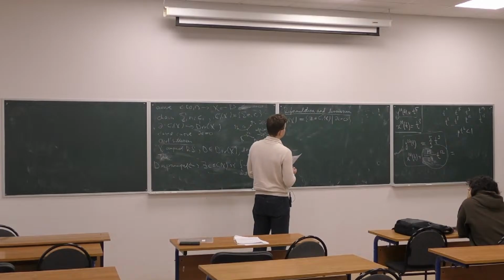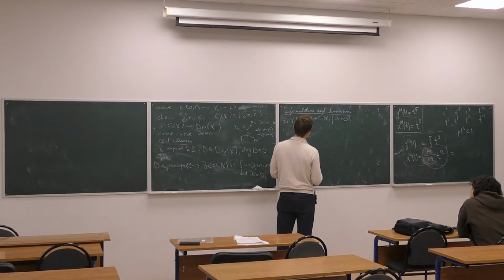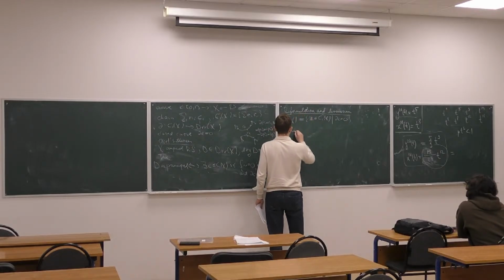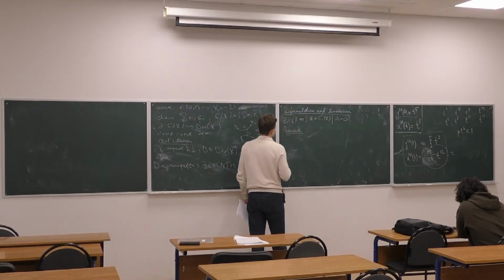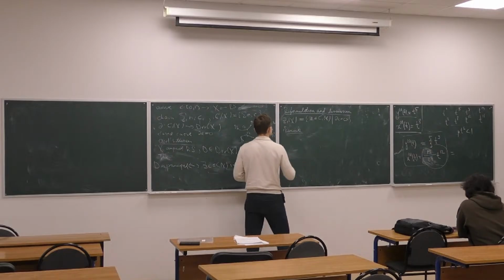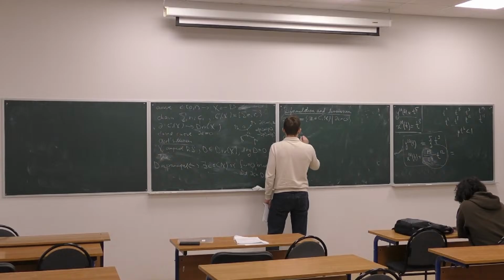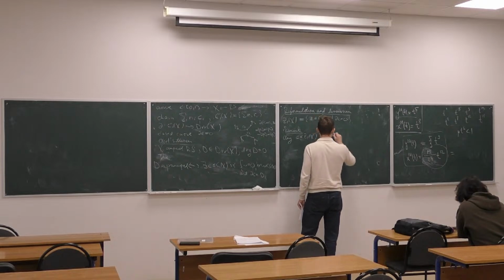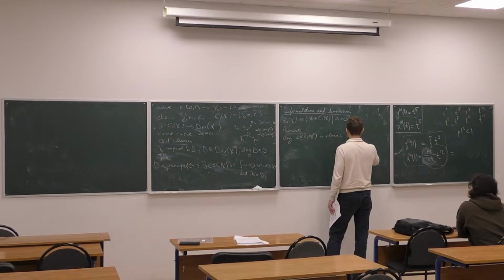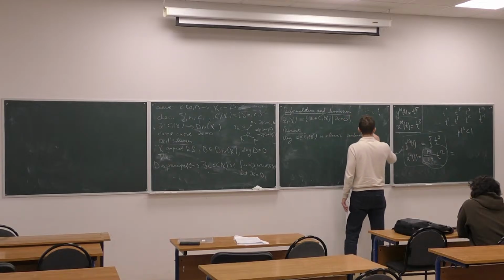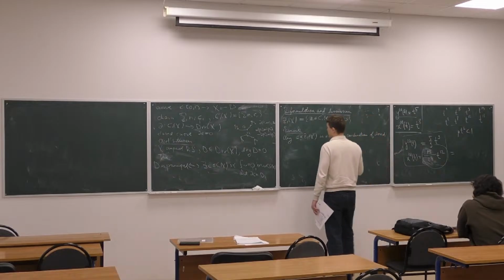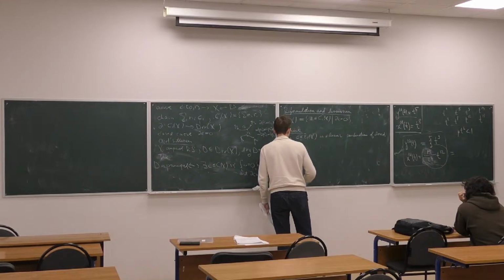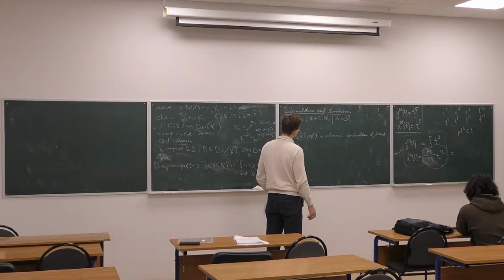Then a simple remark: any closed chain is a linear combination of closed curves.